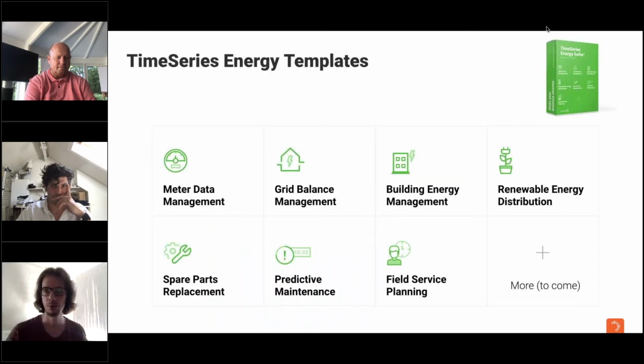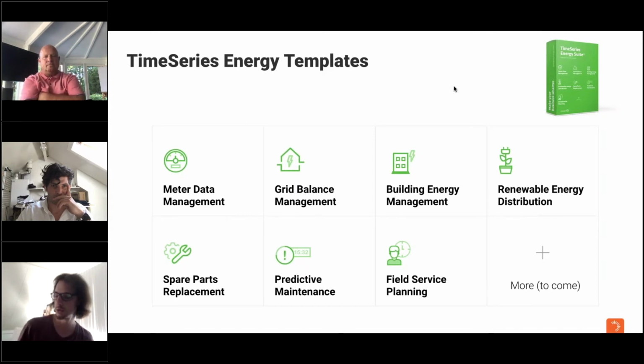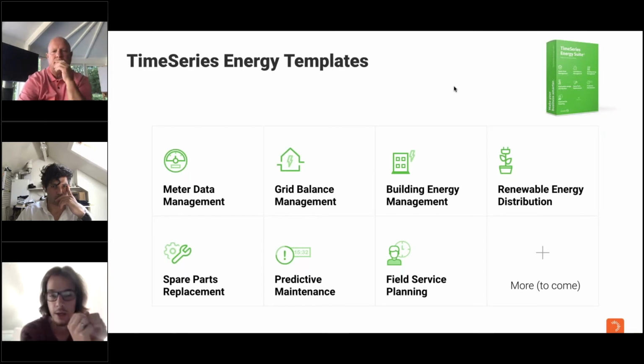So what we would like to do now is to show you a little bit more about how we at Time Series look at the energy market and what we did to create value in that market using Mendix as a low-code platform. We have implemented several application templates, which you can use to increase the development speed even further.